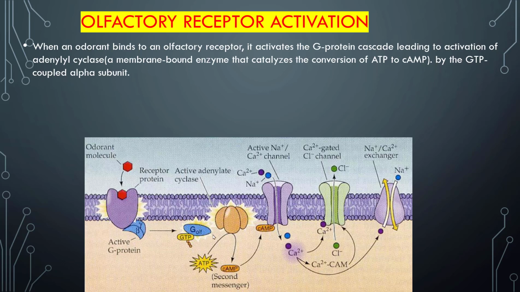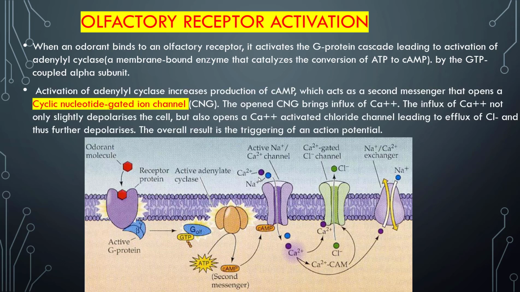Activation of adenyl cyclase increases production of cyclic AMP, which acts as a second messenger that opens cyclic nucleotide gated (CNG) ion channels. The open CNG channels bring influx of calcium. The influx of calcium not only slightly depolarizes the cell but also opens a calcium activated chloride channel, leading to efflux of chloride and thus further depolarizing the cell, resulting in the triggering of an action potential.